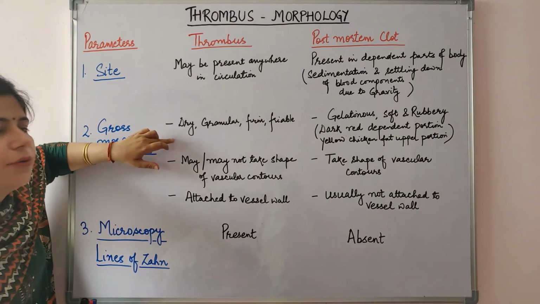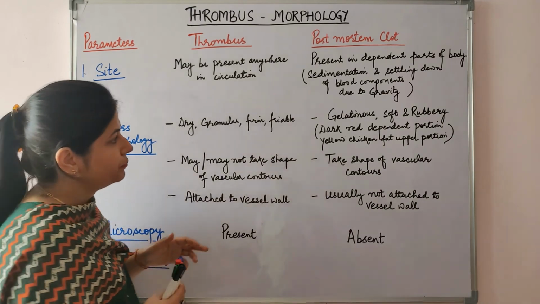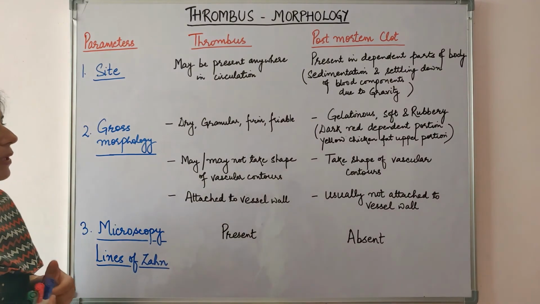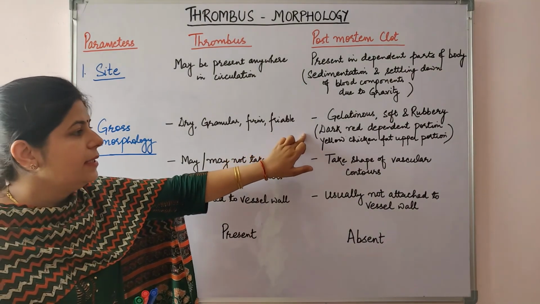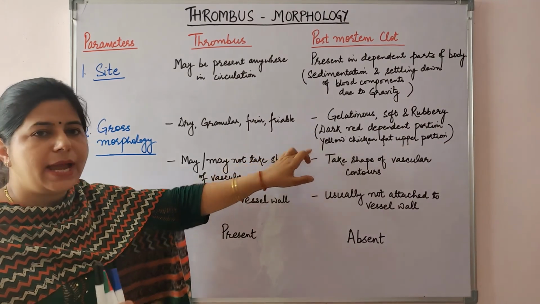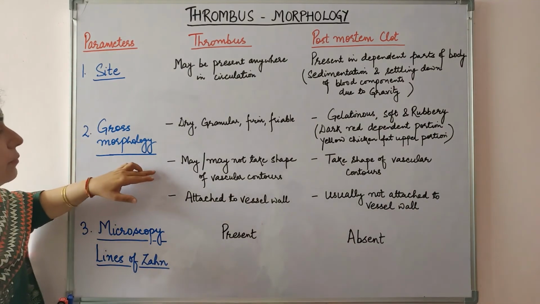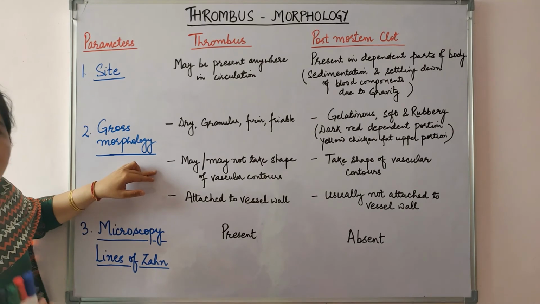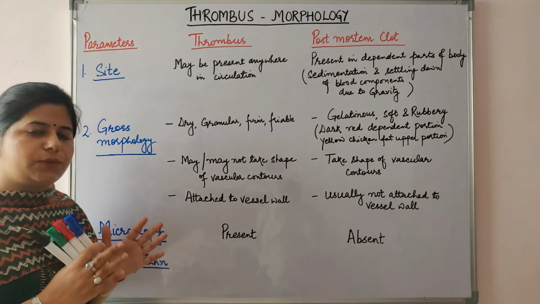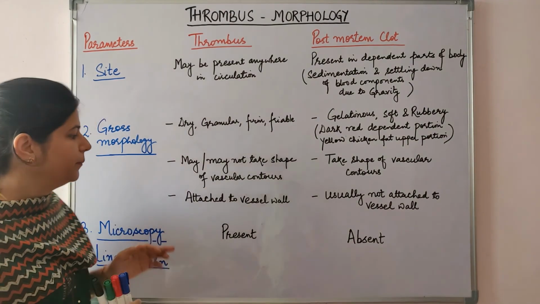The thrombus is dry, granular, firm and friable, whereas the post-mortem clot is gelatinous, soft and rubbery. It has a dark red dependent portion, where the RBCs settle down, and a yellow chicken fat-like upper portion. The thrombus may or may not take the shape of the vascular contours, whereas the post-mortem clot takes the shape of the vascular contours. If the vessel is bifurcated, then the post-mortem clot takes the shape of that bifurcation.